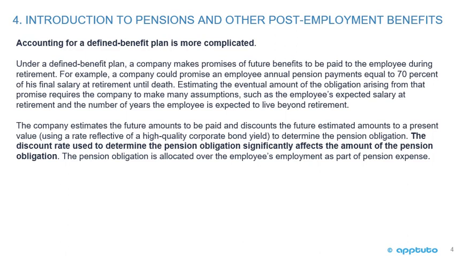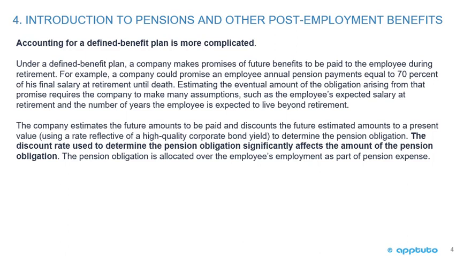Estimating the eventual amount of the obligation arising from that promise requires the company to make many assumptions, such as the employee's expected salary at retirement and the number of years the employee is expected to live beyond retirement.